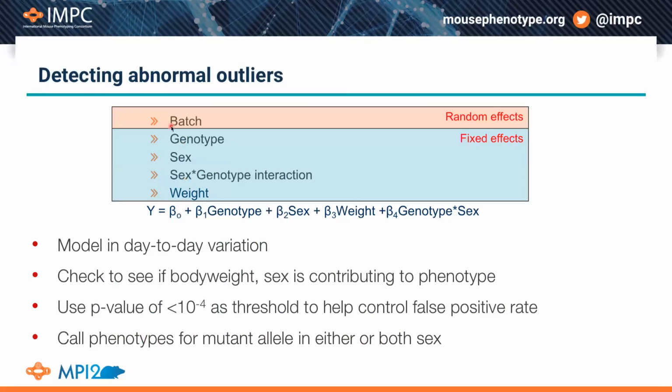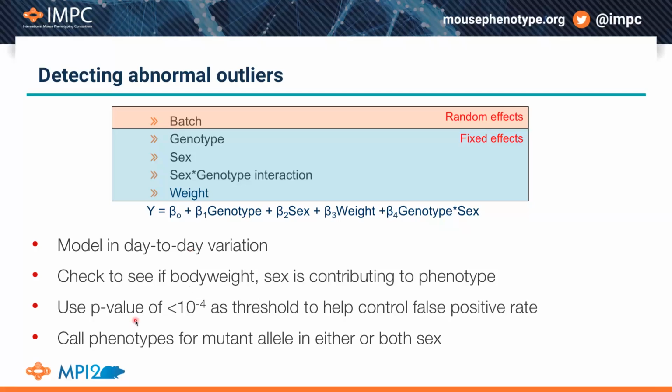There's also batch day-to-day variation, and we model that in. Because the mice are not tested all on the same day, they're usually tested over several days or weeks, we can use those different days to figure out the day-to-day variation and help make more robust phenotype associations.